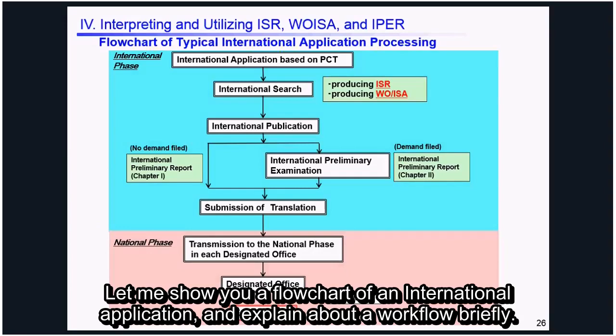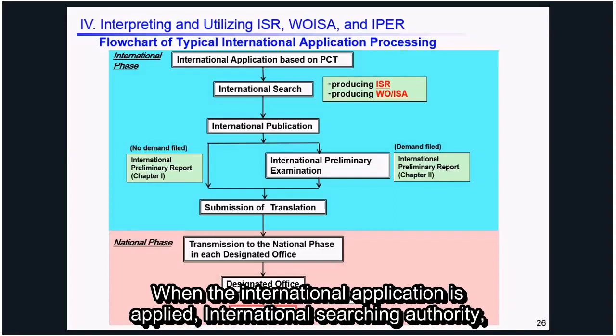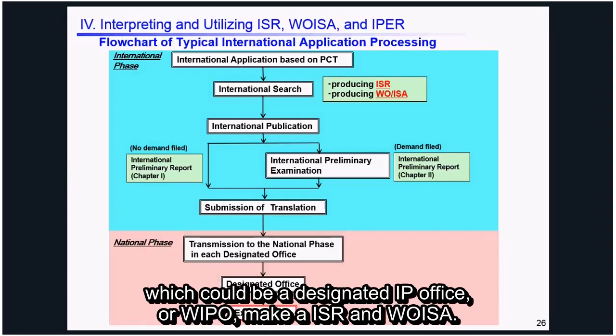Let me show you a flowchart of an international application and explain the workflow briefly. When the international application is filed, the International Searching Authority, which could be a designated IPO office or WIPO, makes an ISR and WOISA.